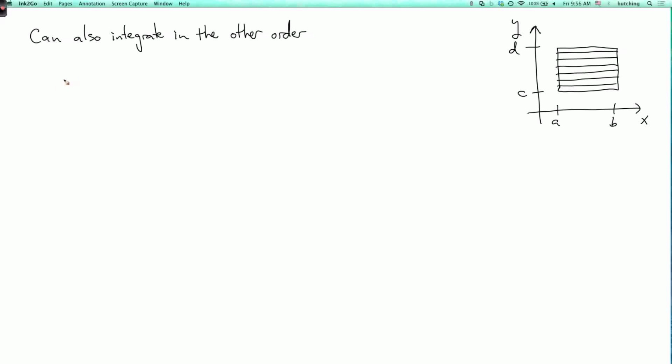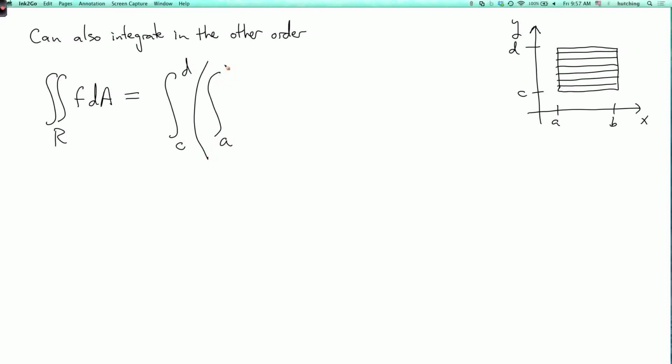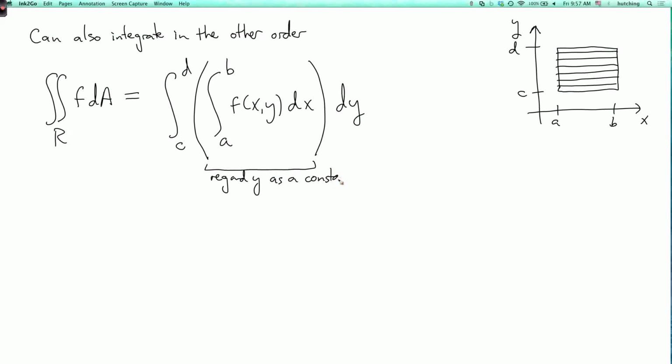And that leads to the formula: the double integral over R of f dA is the integral as y goes from c to d of, in parentheses, the integral as x goes from a to b of f(x,y) dx, dy. So in this inner integral, you regard y as a constant, and integrate over x.